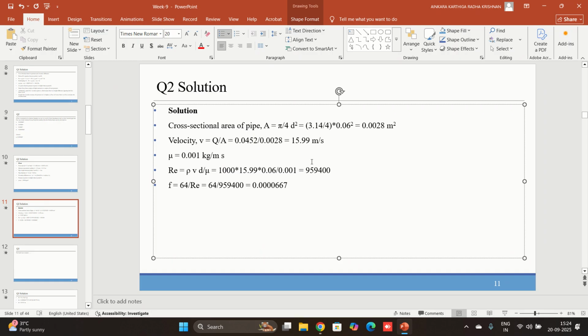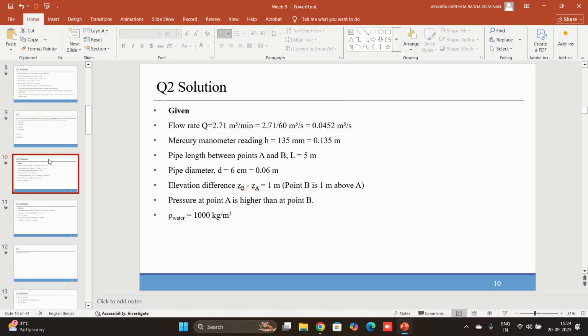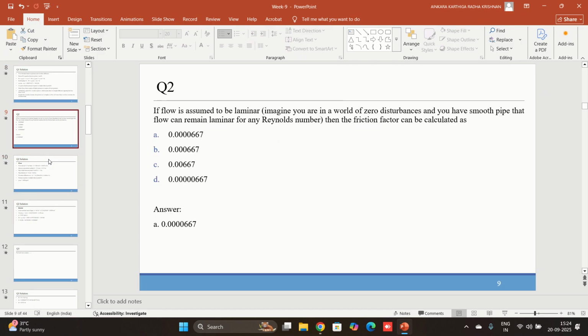So that is the friction factor. So head loss. Okay, it is assumed to be laminar. Then the friction factor can be calculated as C dash. So it is 6.67 into 10 power minus 5.